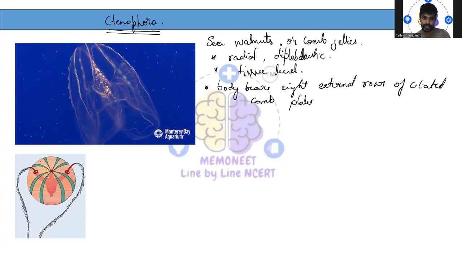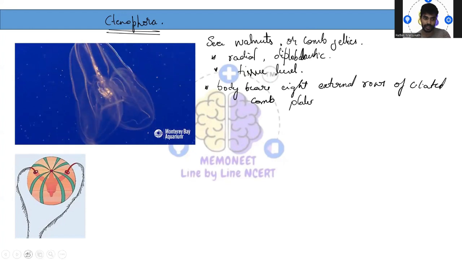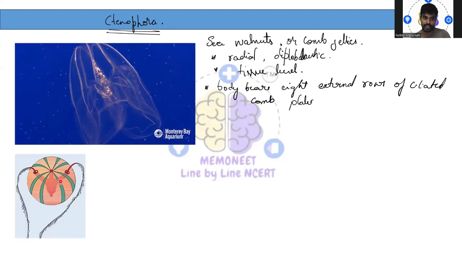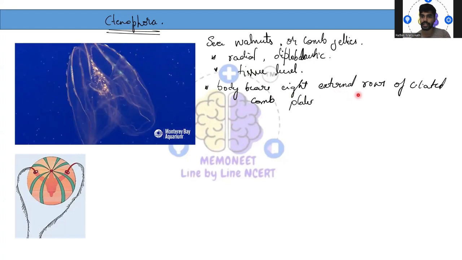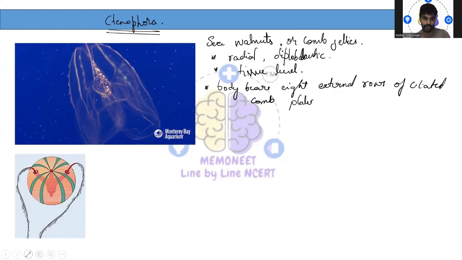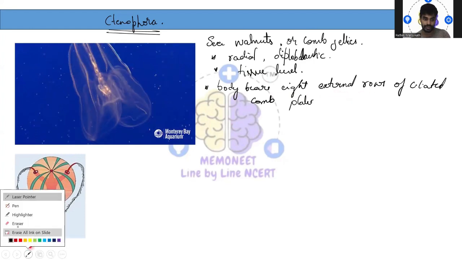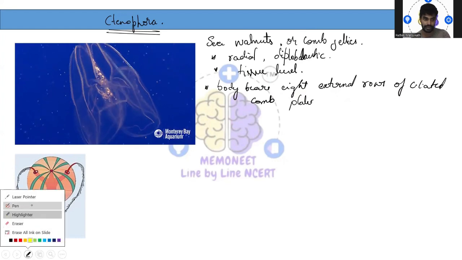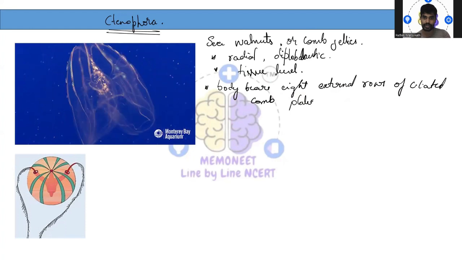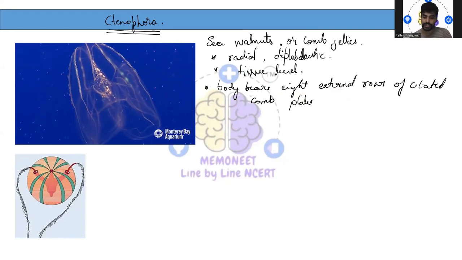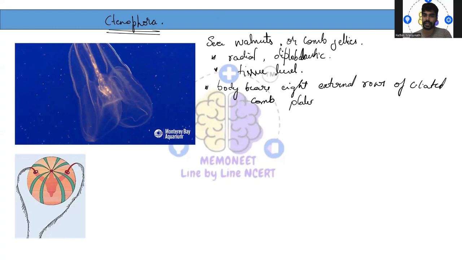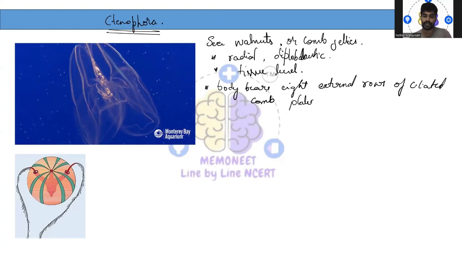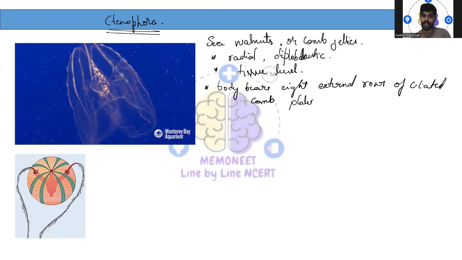If you observe this, you will actually see it is bearing what? 8 external rows of ciliated comb plates. And another important thing is that these 8 rows of ciliated comb plates help in the locomotion basically.